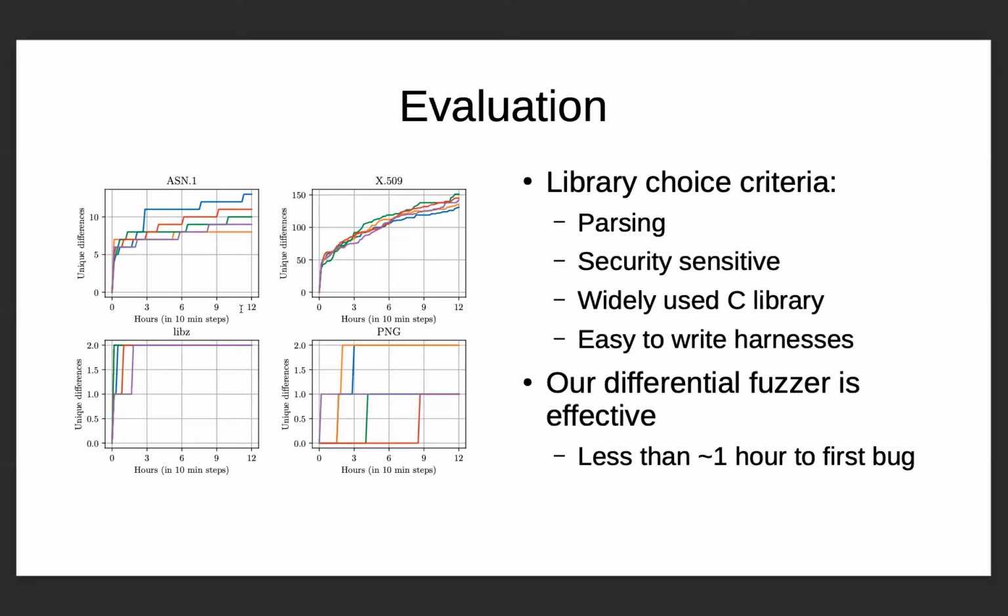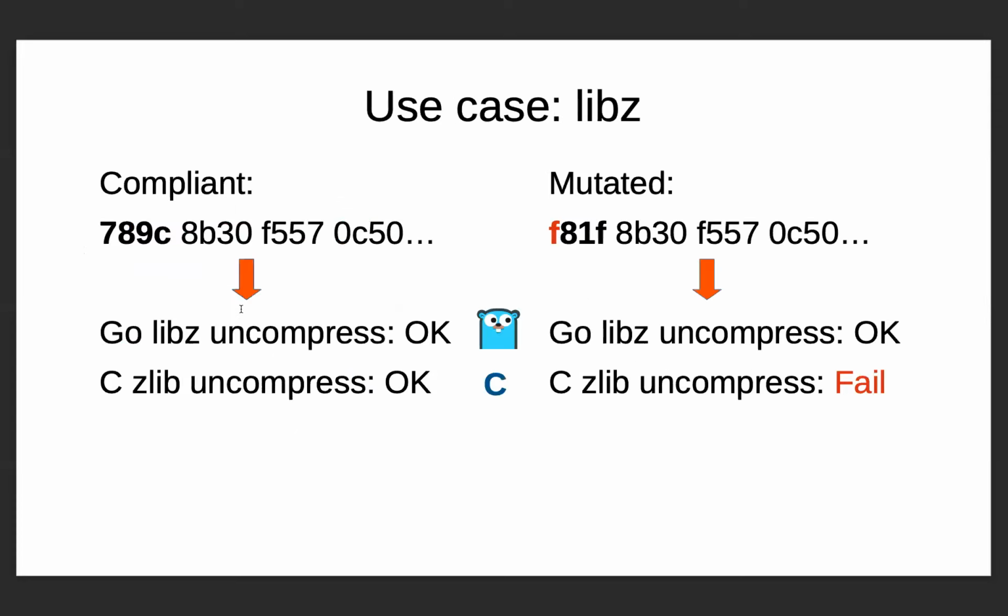What you can see quickly in the results: on the left-hand side, we have the unique differences over time and over multiple runs. Each color is a different run, by resetting the fuzzer into a clean state. And you can see that it's fairly effective, although we did not try to optimize this differential fuzzer in any way. So we were able to find interesting bugs, and I'll discuss one of them.